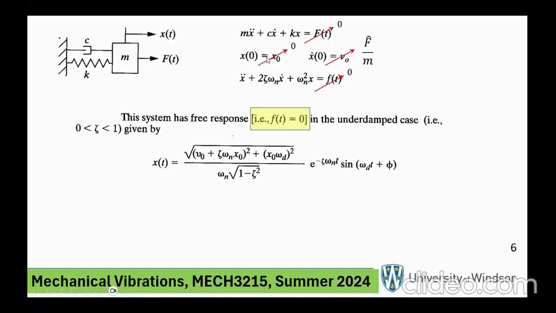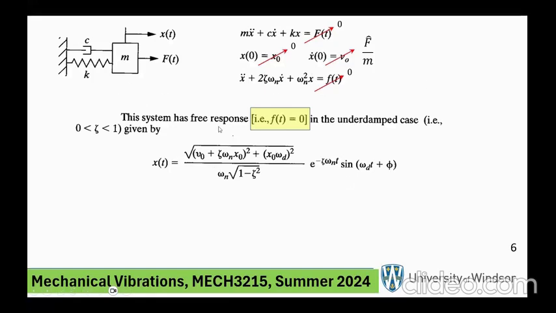Yes, of course, the initial position is 0, I understand that, but the initial velocity is not, and we found the solution to this equation, and it came out to be this horrible expression, assuming that there is oscillation, or an underdamped situation.